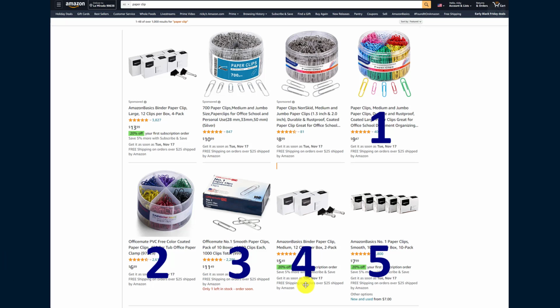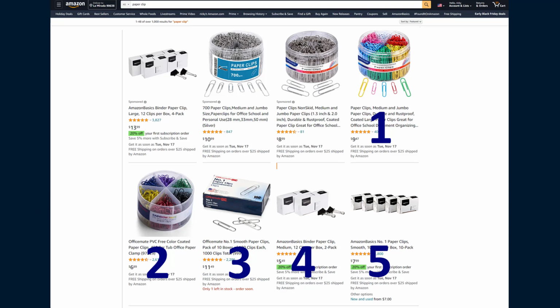And again, the top slot is better than the second slot, better than the third, better than the fourth, and better than the 5th slot. So now the question is, how does Amazon figure out who gets the top organic slot for the word paperclip? Who gets the second, third, fourth? How do they decide to rank these various products?